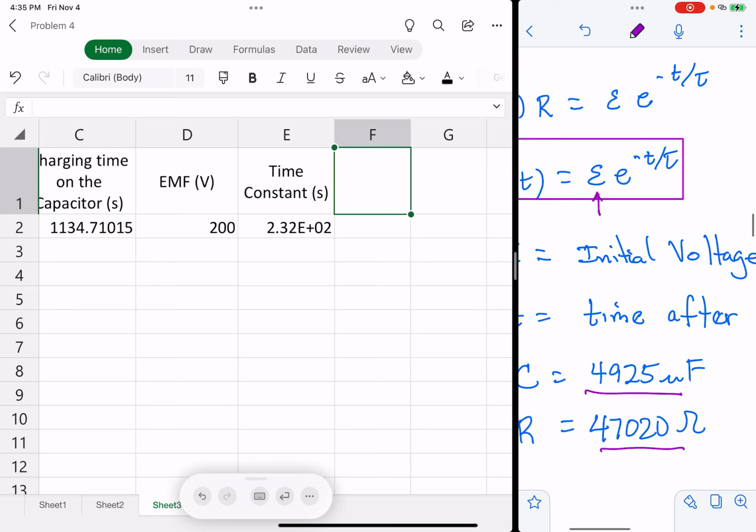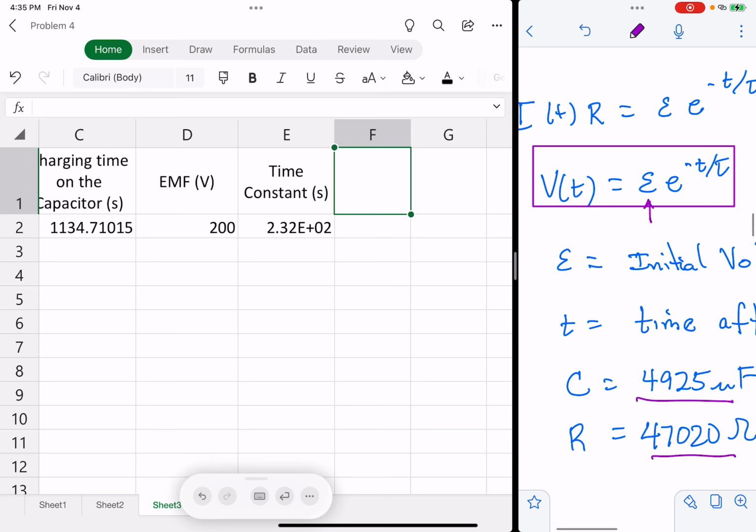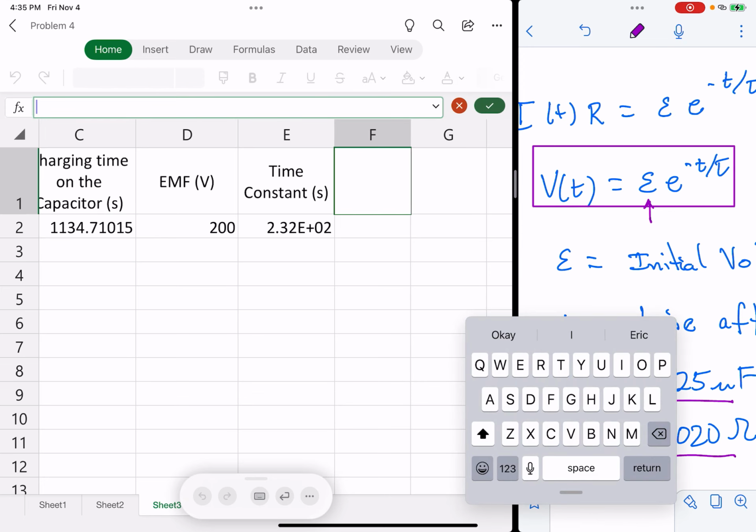Now that we have everything, we're just going to go ahead and find the voltage across the capacitor at this given time. I do want to write that in here. It may seem like a lot to write all of this stuff, but I don't want to wonder about it when I look back at this calculation, wondering what work I've done.